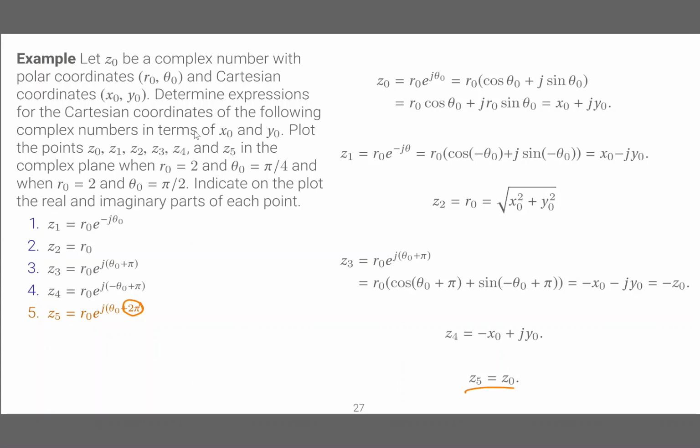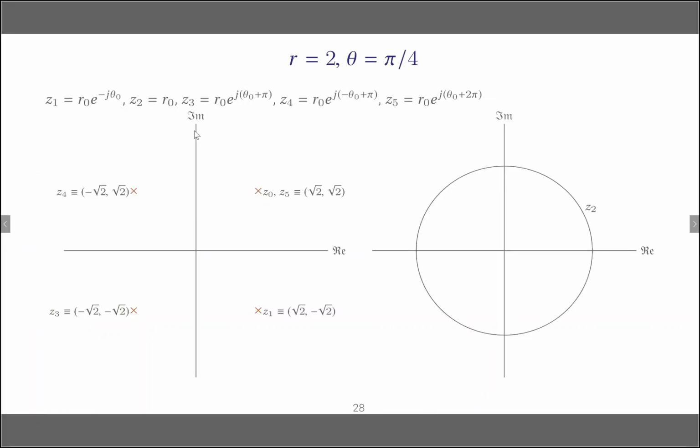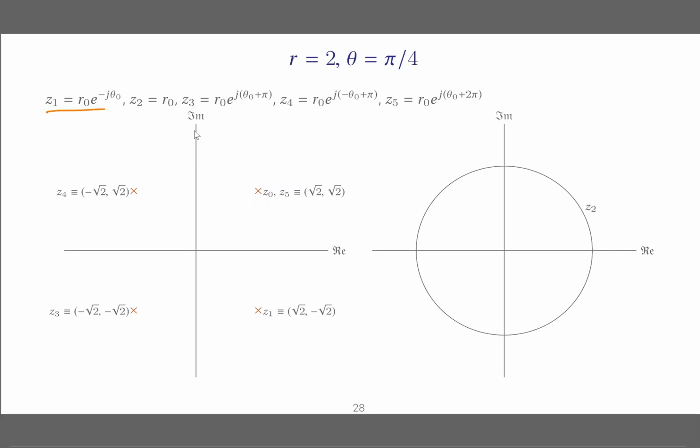So we have found all these complex numbers in terms of Z naught, and now you can plot them. So Z1 is R naught e to the power of minus j theta naught. Z naught is marked here because our R naught is equal to 2 and theta naught is equal to pi by 4.